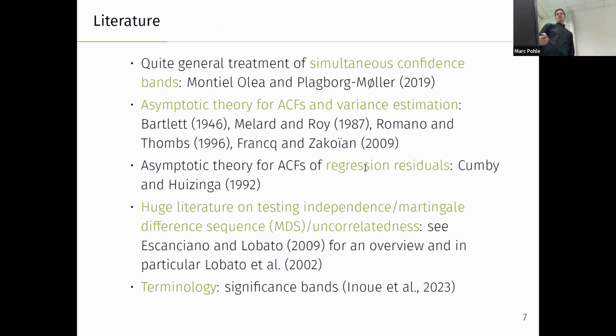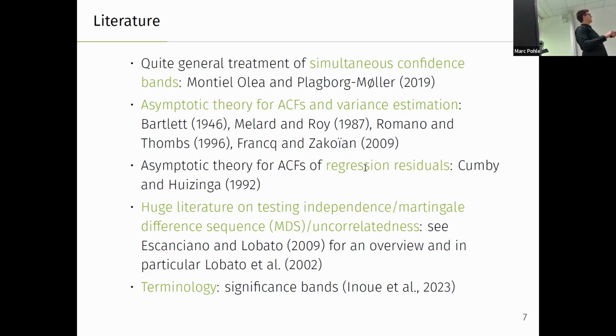Okay, to conclude the introduction, there's quite some literature on some aspects of this project. First of all, there's a very nice paper by Montiel and Blackberg-Meller on simultaneous confidence bands in a relatively general setting in the Journal of Applied Econometrics. Then we need the asymptotic theory for autocorrelation functions and variance estimation for the asymptotic variance.